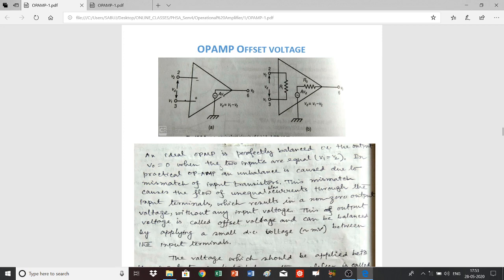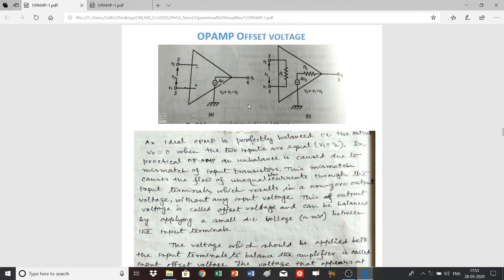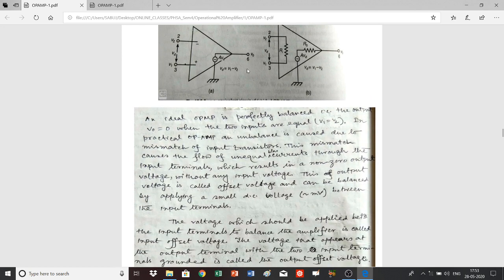In that case, the output V0 will not be completely 0, and there will be a finite value, and this output voltage is called the offset output voltage. It is on the order of a millivolt, maybe 1 millivolt.